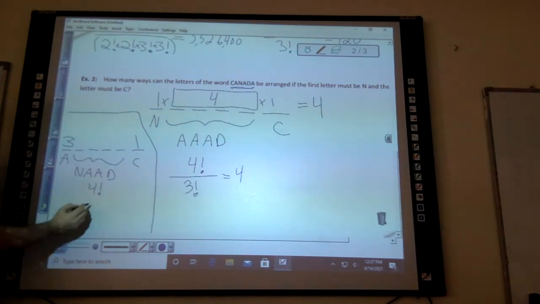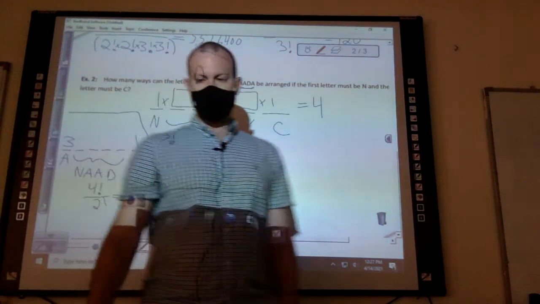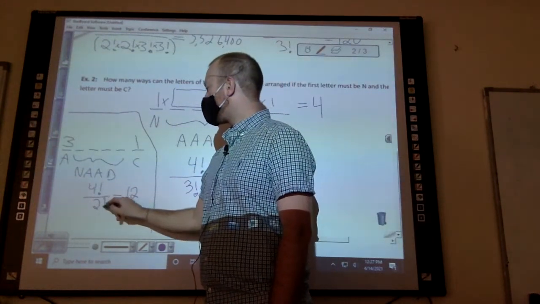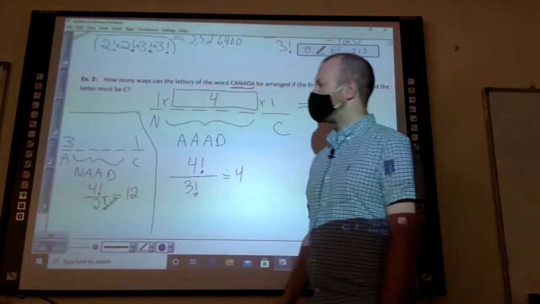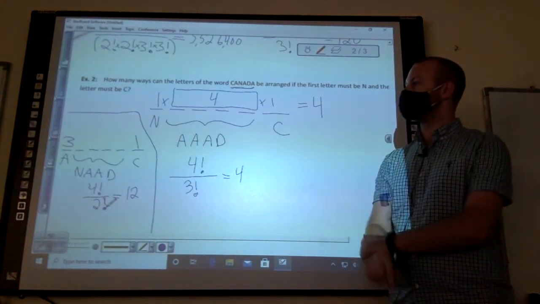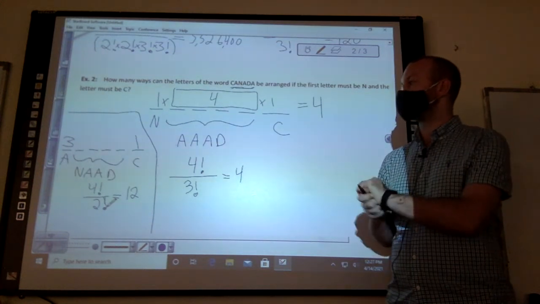So 4 factorial over 2 factorial. So 4 times 3, this is going to be 12. Because 4 times 3 times 2 times 1, so 4 times 3 is 12, times 2 is 24. 24 divided by 2 is 12.